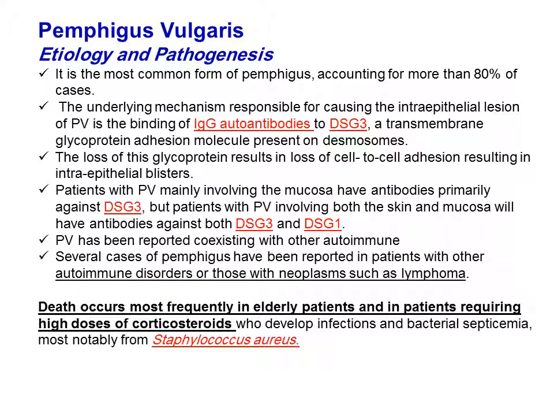Now we will start with pemphigus vulgaris. Etiology and pathogenesis of this type of pemphigus: it is the most common pemphigus, seen in 80% of cases. The underlying mechanism responsible for the intraepithelial lesion is the binding of IgG autoantibody to DSG3.